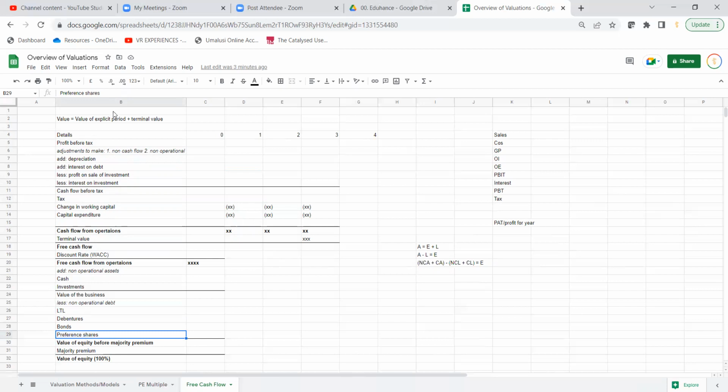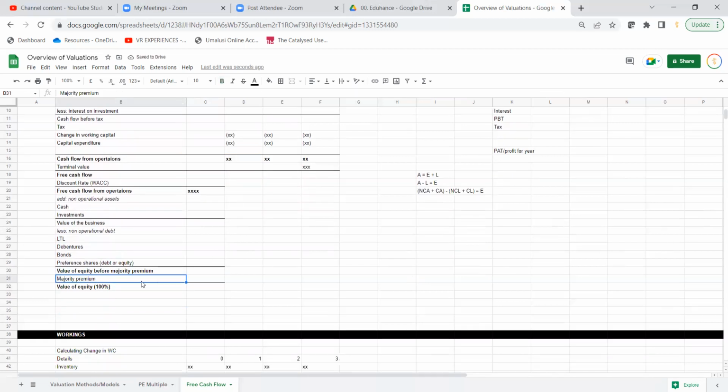So preference shares could be debt or equity. Sometimes preference shares is under debt, sometimes under equity. You want to remove all preference shares because you want to end up with ordinary equity. Just take note of that. Okay, so then we get value of equity before majority premium. You add the majority premium, and then you have value of equity, 100%.